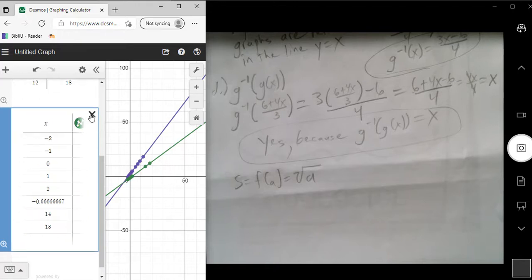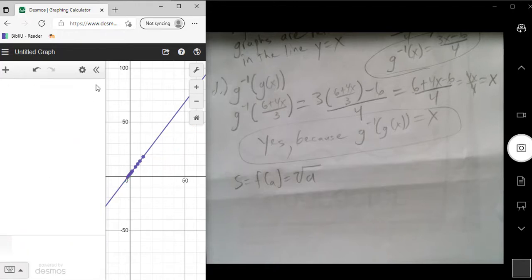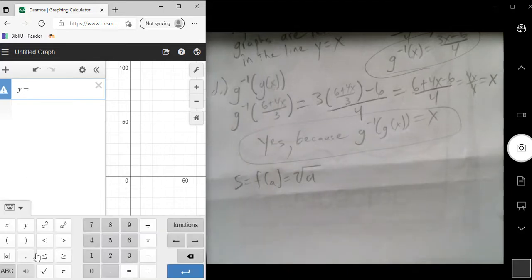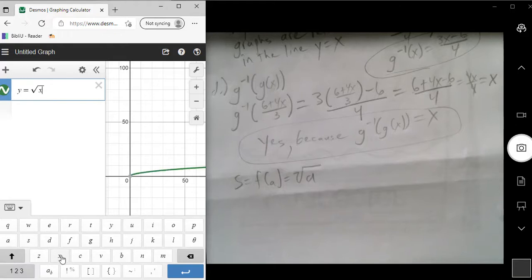I want to get rid of all these other graphs so we won't have a problem here. Now we know that we could put y is equal to, and we would do the square root of x. Okay, so now that is our beginning value.